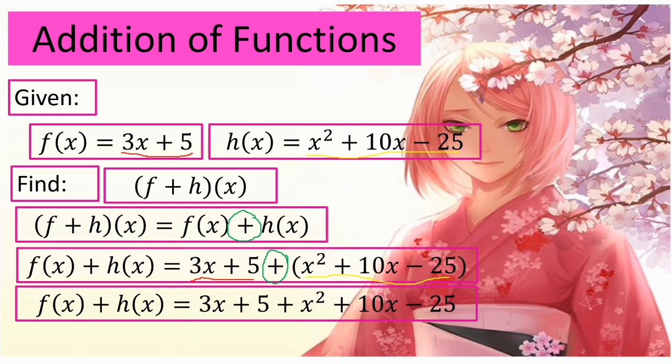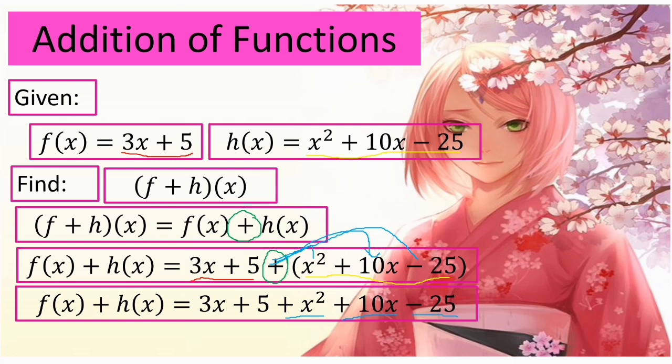So, magdi-distribute tayo. So, positive times x squared is equal to positive x squared. Next, positive times positive 10x magiging positive 10x. Next, positive times negative 25, that is negative 25.